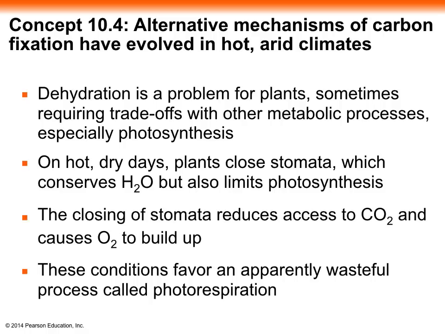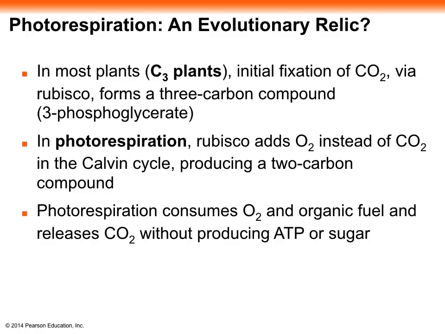And so the plant can undergo another process called photorespiration. It doesn't make glucose, but it does keep the plant alive. It's not favored, it's not preferred, but it does keep the plant alive.